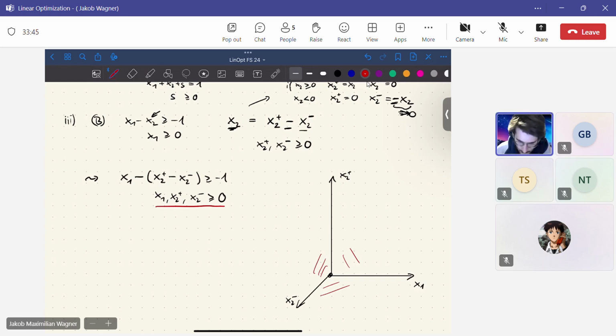And the only thing that's left is this inequality constraint here, which if we write it as a less or equal constraint by multiplying it with -1, we get that minus x1 plus x2 plus minus x2 minus is less or equal than 1. So we get the equality case for x2 plus being equal to 1 and the other two variables being equal to 0.